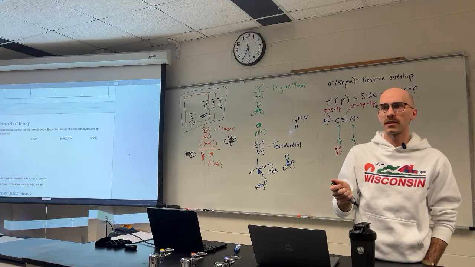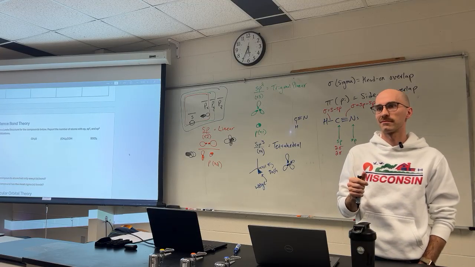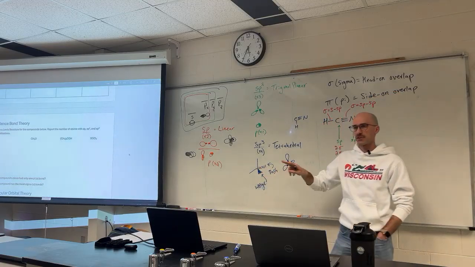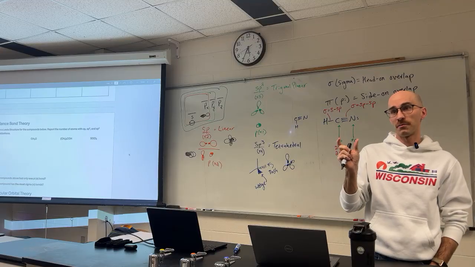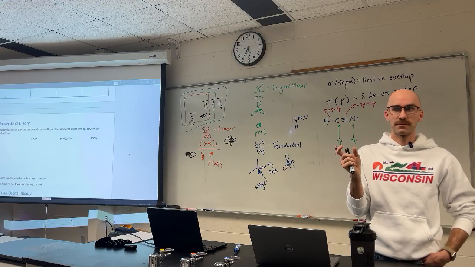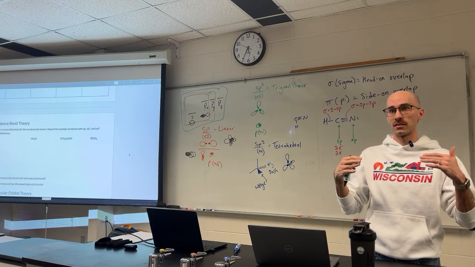What are we communicating by the shading? Not quite. No, not like the wedge and the dash. Has to do with the mathematical equation. Whether that positive or negative is at the start of the equation.